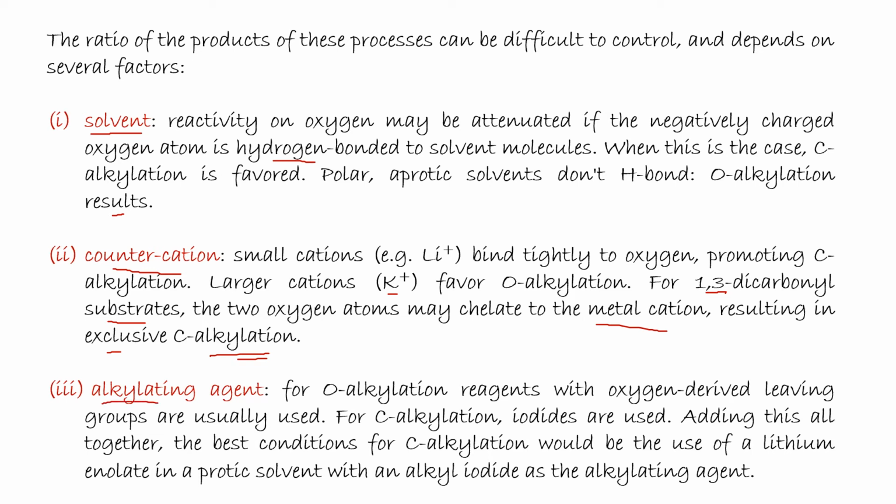Alkylating agent. For O alkylation, reagents with oxygen-derived leaving groups are usually used. For C alkylation, iodides are used. Adding this all together, we can say that the best condition for C alkylation would be the use of a lithium enolate in an aprotic solvent with an alkyl iodide as the alkylating agent.